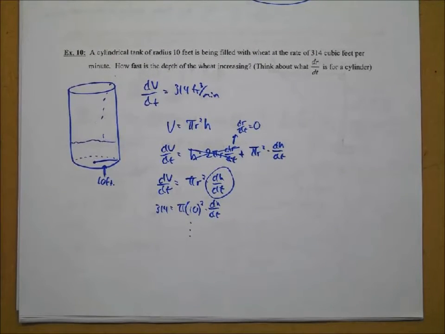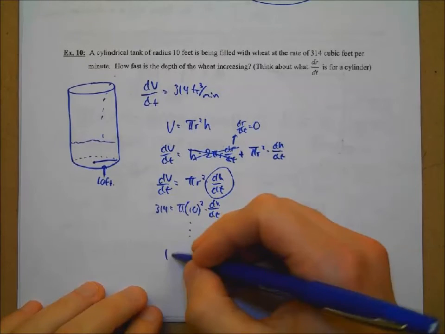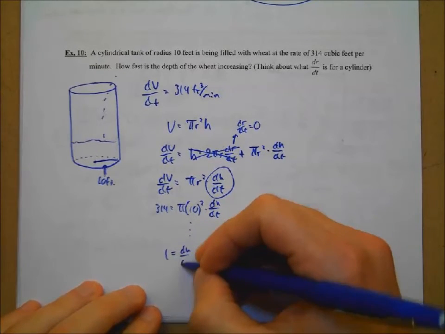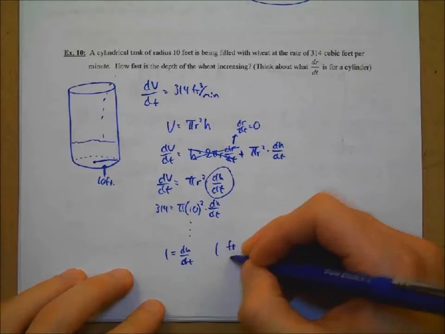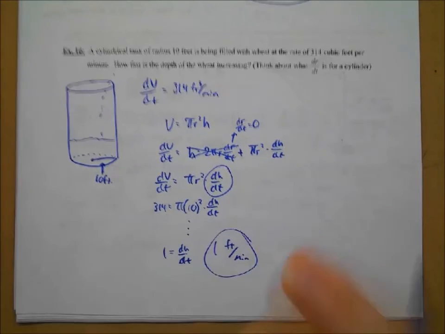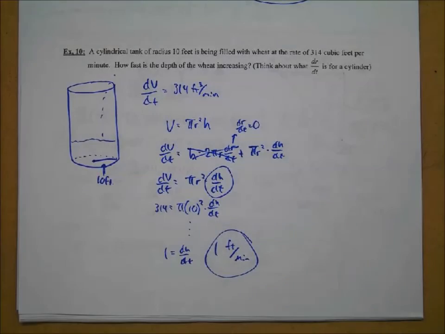You get approximately 314 over 314, which will be, of course, 1 foot per minute. Because of rounding, it will be approximately 1.